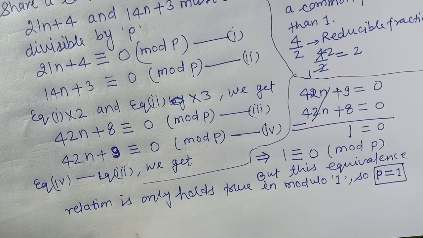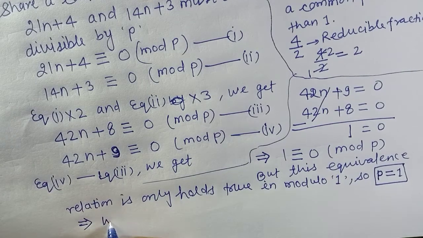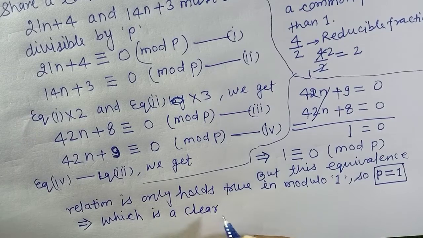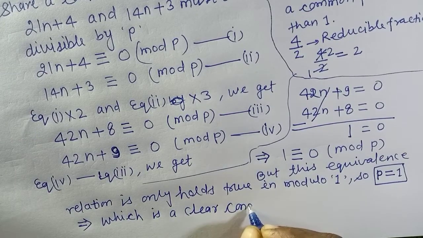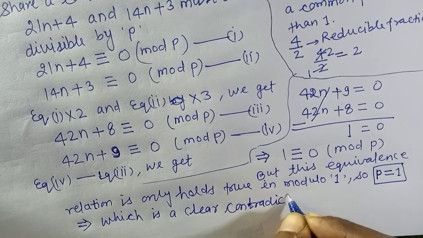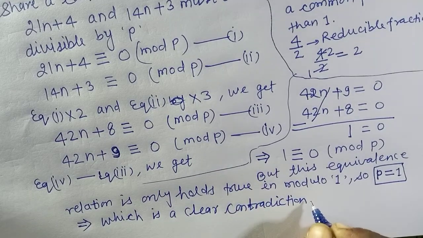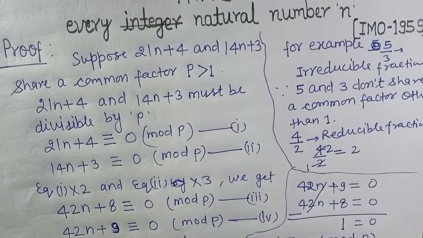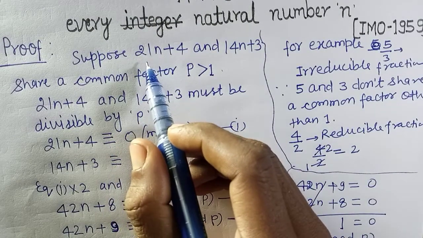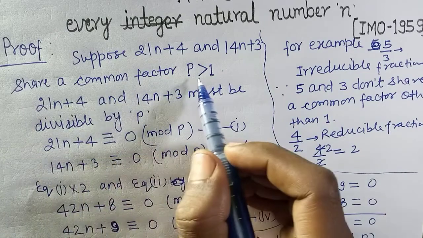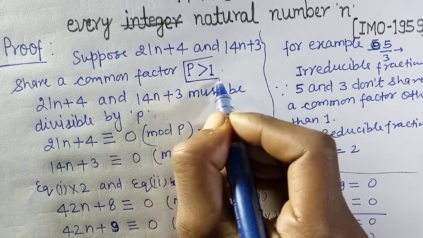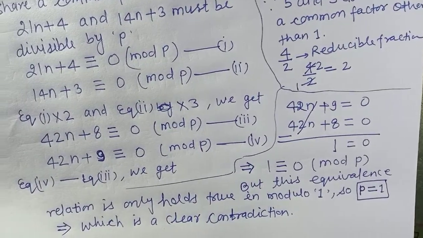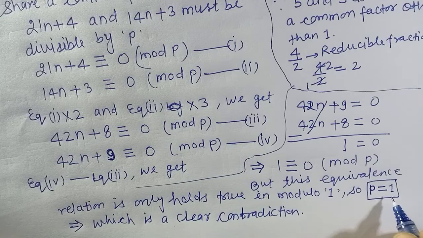And this is a clear contradiction, since we assumed in the beginning that 21n + 4 and 14n + 3 share a common factor p greater than 1, and here we have got in the end that p is equal to 1.